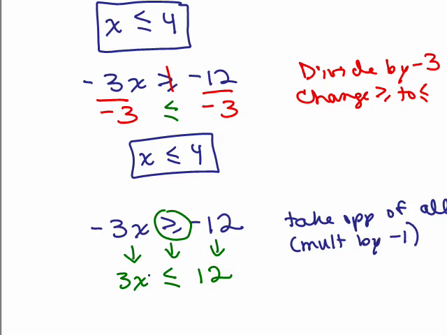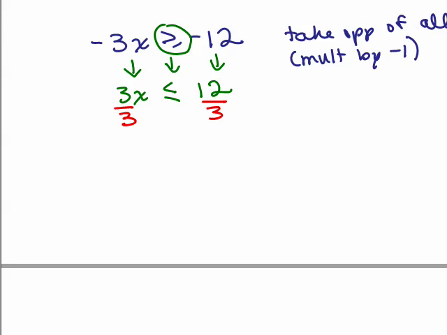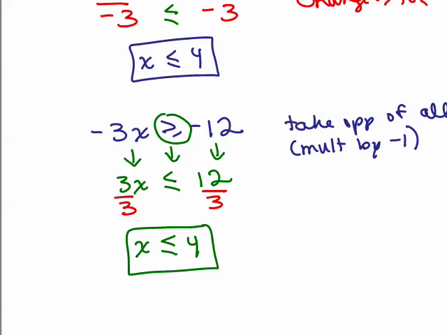Now we've got a positive number in front of x, so we could divide by 3. And when you divide by a positive number, you do not need to switch the inequality symbol. Ran out of space here. Here we go. So we have x is less than or equal to 4. So three alternative ways to do this.